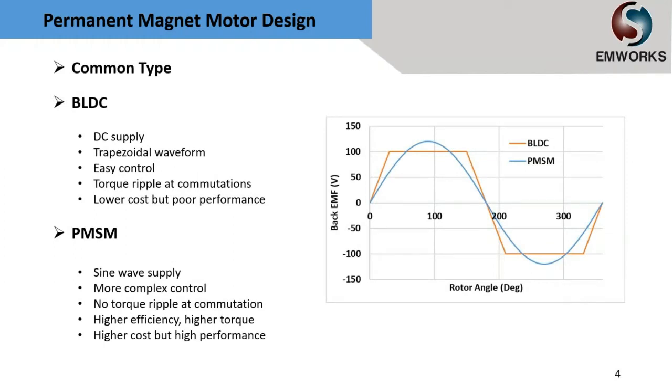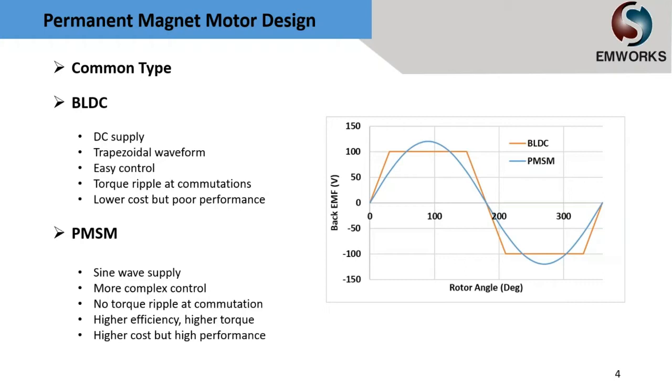Permanent magnet motors can be used with both DC and AC supplies. In case of using DC supply, it is called brushless DC motor, and in case of using sinusoidal supply, which is the common type of the supply in the industry, it is called PMSM.